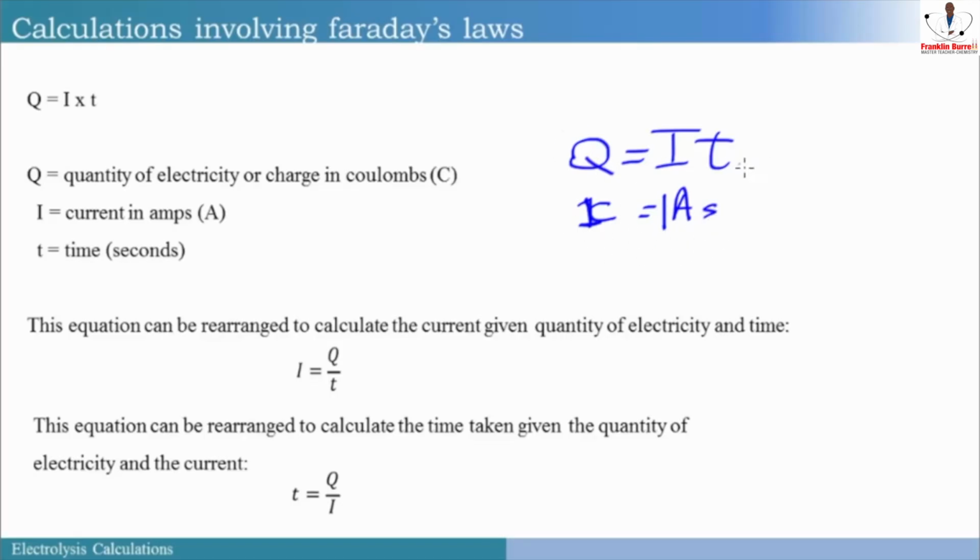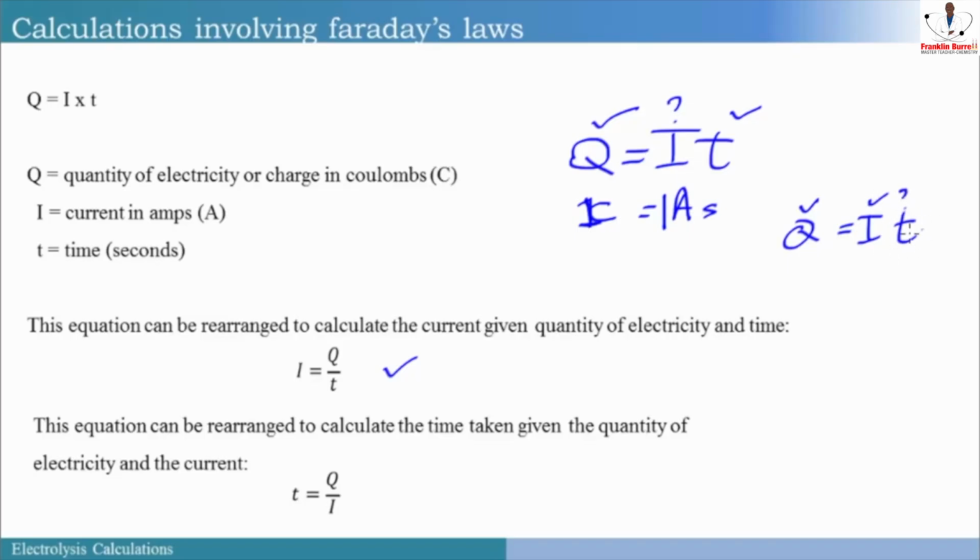Now if Q equal IT, we can always transpose to get current. So if we know the charge and we know the time, we can find the current by transposing, making I the subject of the formula. So I would be equal to Q over T, shown here. And if we know the charge and the current, we can find time.